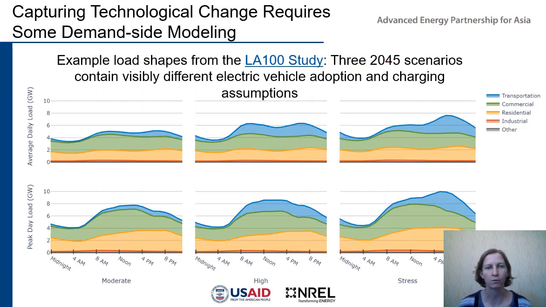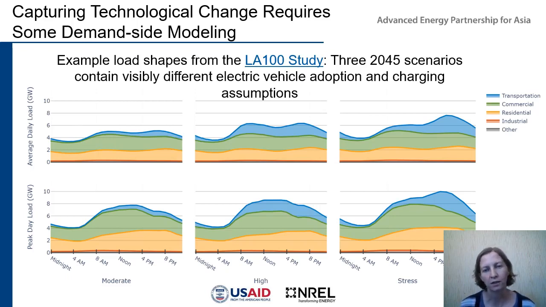We had 3 different projections for the LA100 study: moderate, high, and stress. And we could see that doing this bottom-up load modeling let us capture changes in load shape starting from that baseline year and projecting out.